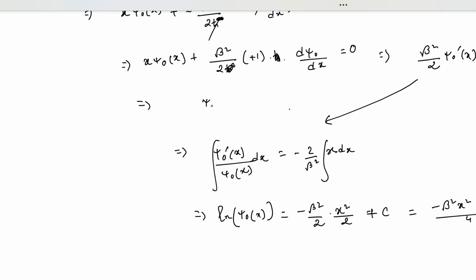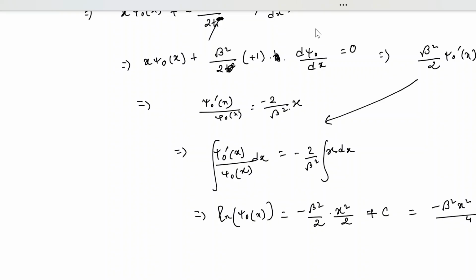So let me write down here: psi naught prime x by psi naught x equal to minus 2 by beta squared into x.